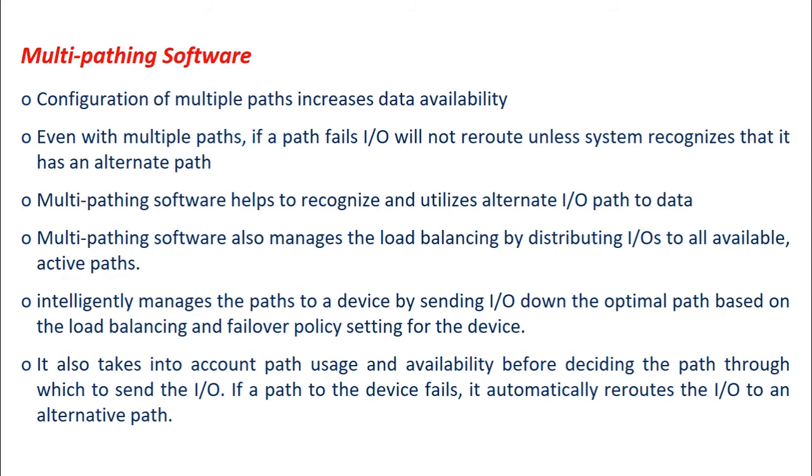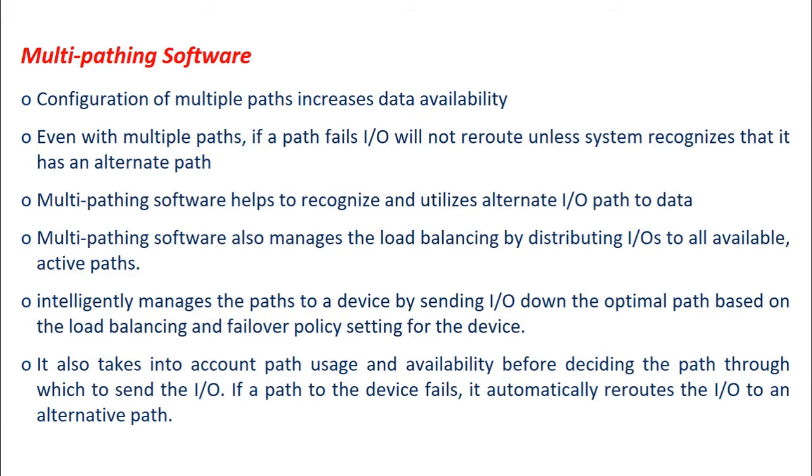It also takes into account path usage and availability before deciding the path through which to send the input output. If a path to a device fails, it automatically reroutes the input output to an alternative path. So this is how the multipathing software works.